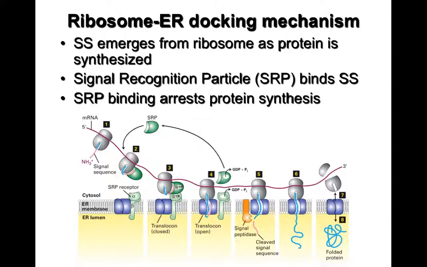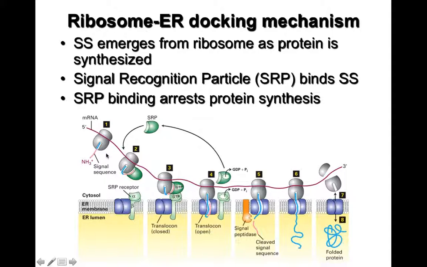When that sequence emerges out of the ribosome, that is known as the signal sequence, because what happens in step 2 is that a protein out in the cytoplasm called the signal recognition particle will recognize that specific sequence.